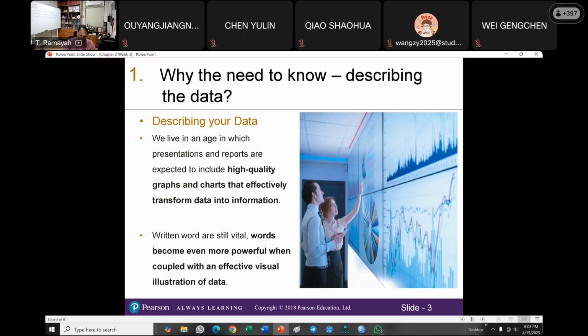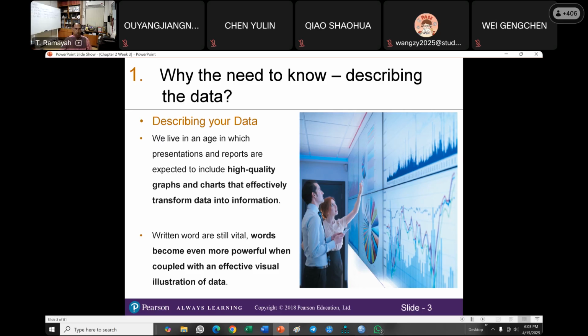Okay, why do we need to know how to describe the data? There are several reasons. Currently, we are living in an age where you see a lot of graphical presentation like this, right? And the quality of presentation of graphs and charts have increased. So although written words are still very important, people understand graphics much more easily.